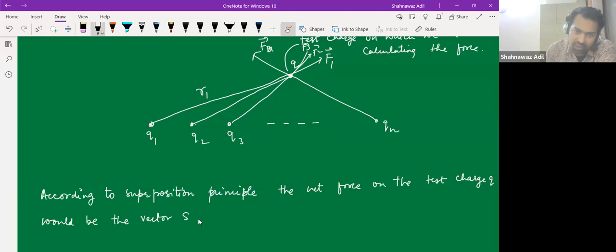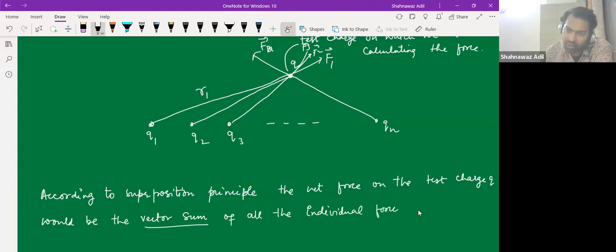This term is very important. The vector sum of all the individual forces due to charges Q1, Q2, and Q3. So that is the superposition principle. Is that clear, guys? Yes, sir.